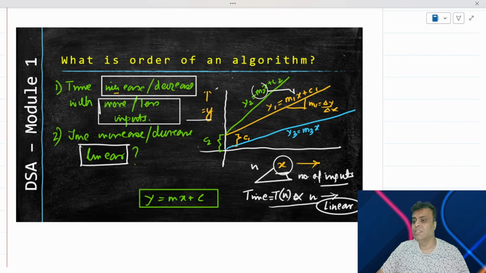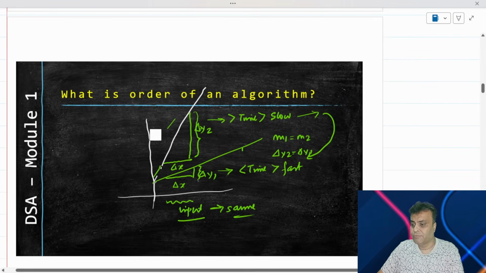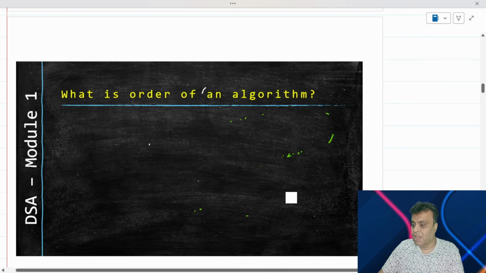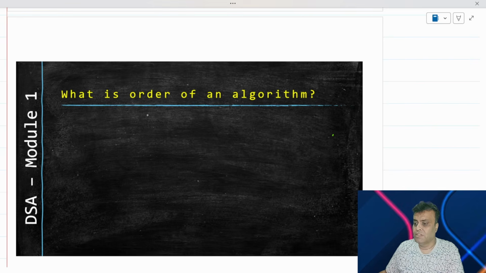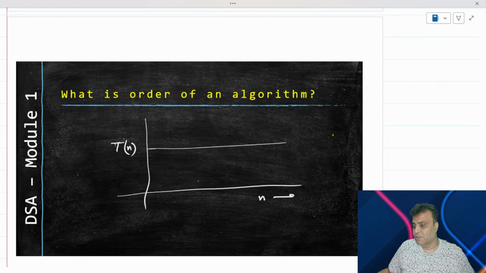Now, if you understand this, then I'm sure you can understand the case where a particular algorithm executes in a constant amount of time, right? In this algorithm, we have Tn, with the number of inputs n, and we are saying that this is executing in a constant amount of time.